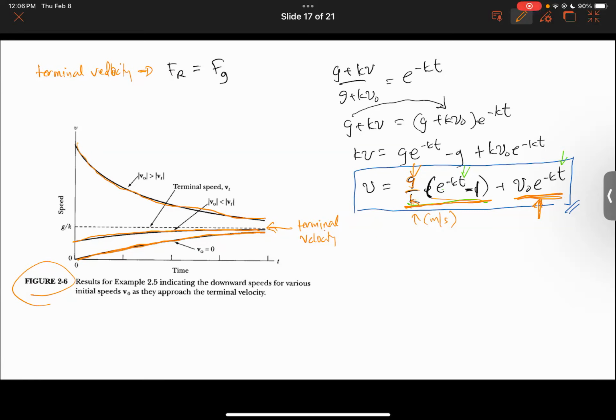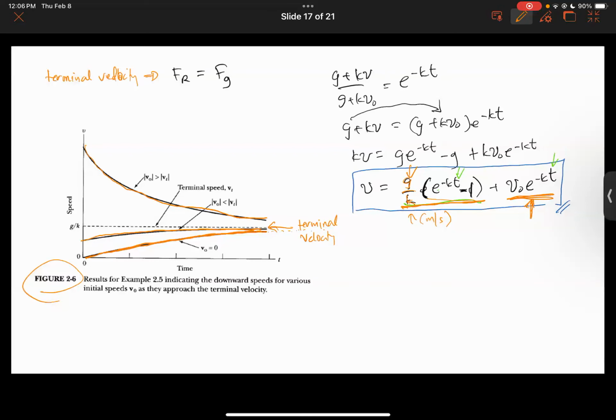At some time, aabot siya sa kanyang terminal velocity. But if it so happens na yung object niyo did not start at an initial velocity of zero, at yung initial velocity niya is below the terminal velocity, then you get this behavior.